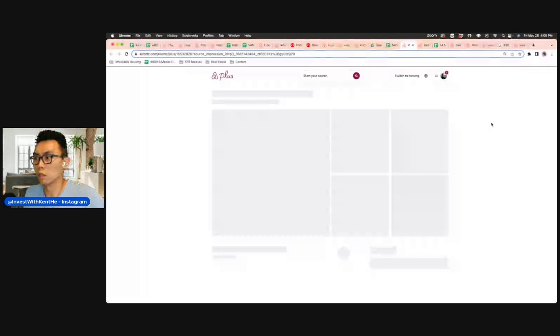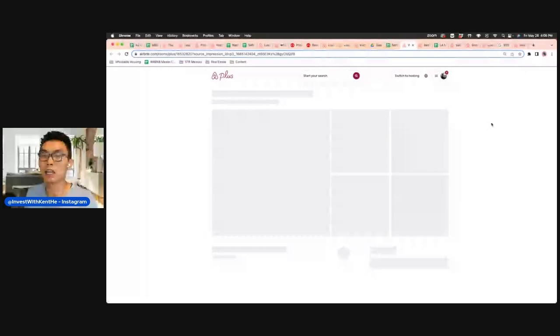So now you know why. This tells me people actually want to stay downtown. In some markets, maybe they don't want to stay downtown. Who knows? It's based off of the data. You're not making it up. And this gives you actual data and support for why you want to buy a home in that certain market.